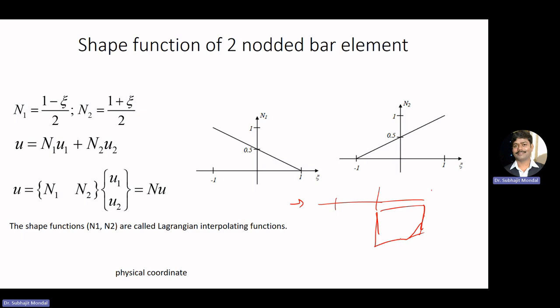In such cases, what do we have to do? We have to regularize the element with the assumption that the dimension of this element will be between minus 1 and 1. So here you can see that we are regularizing the shape of the element by considering the shape function in our natural coordinate system.